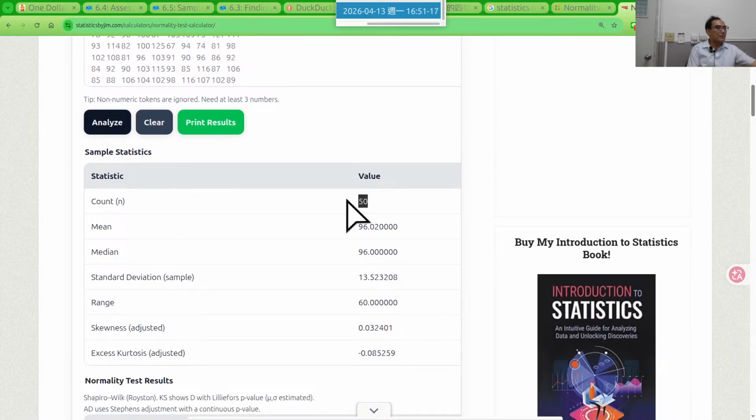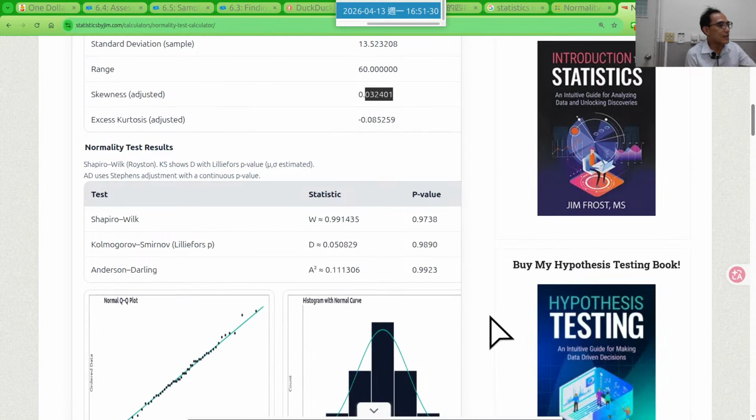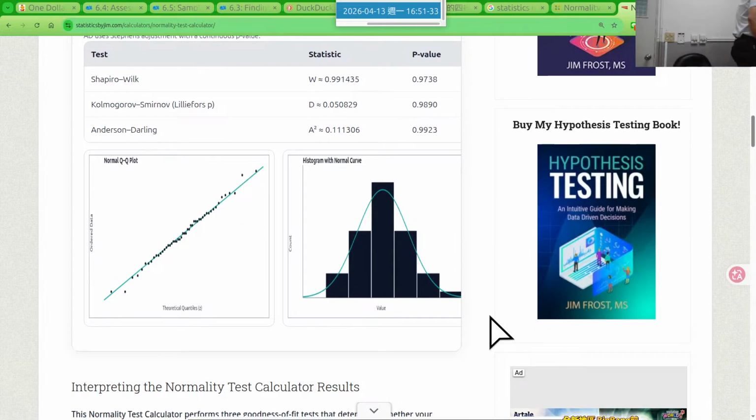See, the count is 50 numbers, and the mean and median are very close, around 96. The standard deviation is 13, reasonable. The range is 60, and the skewness is very small. Wow, perfect. In the second example, the bar diagram very closely fits the bell-shaped curve, right? And the points are very close to a line. Then we can think the second example is a normal distribution.